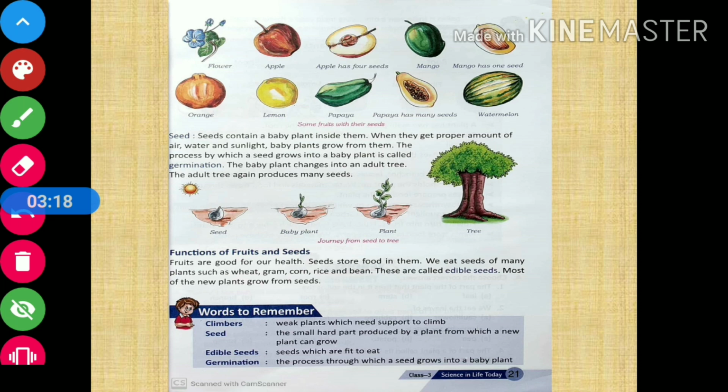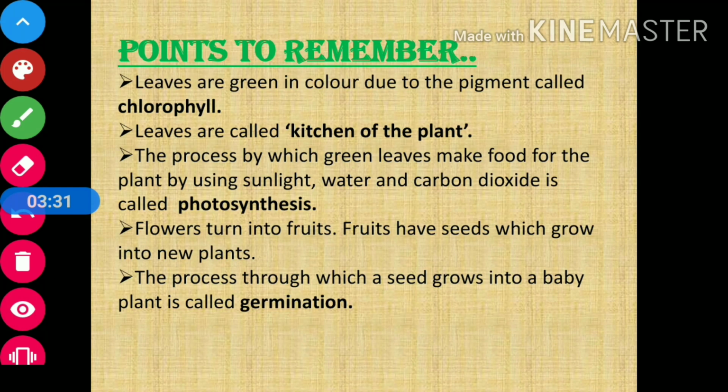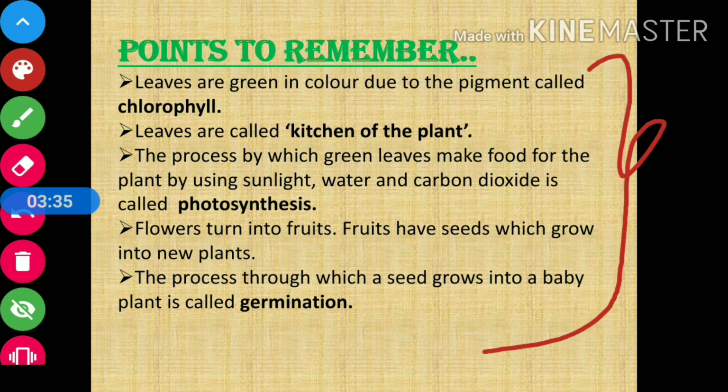So students, this was all about the explanation of this chapter, parts of plants. But before ending this video, let us see what we have learned today. Here are a few points that I have jotted down. We learned about chlorophyll.